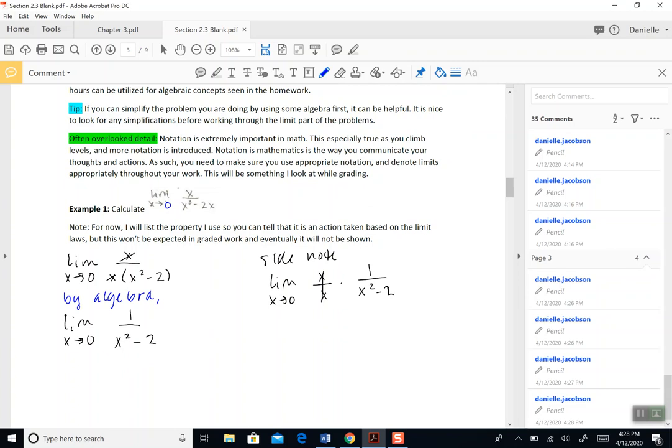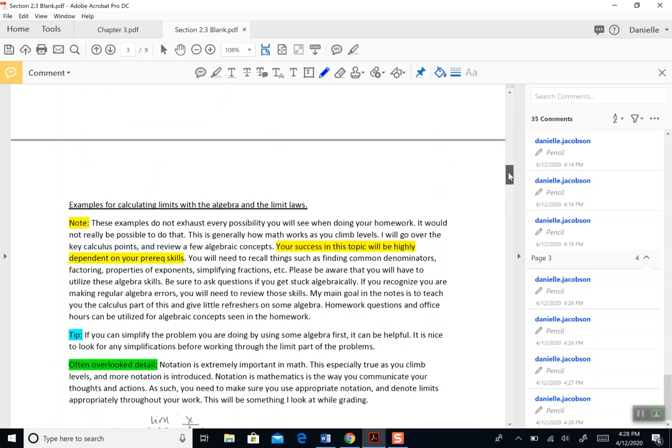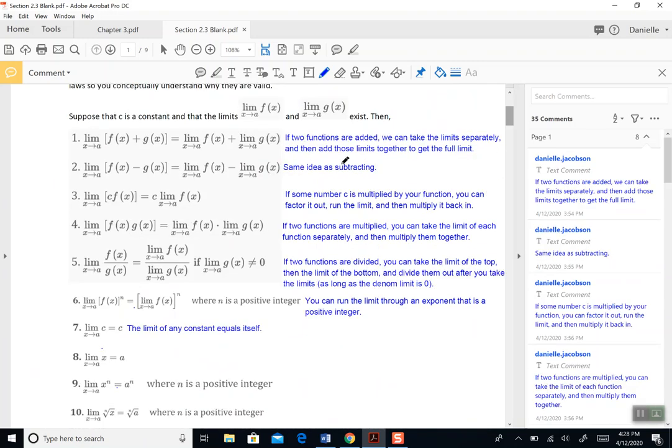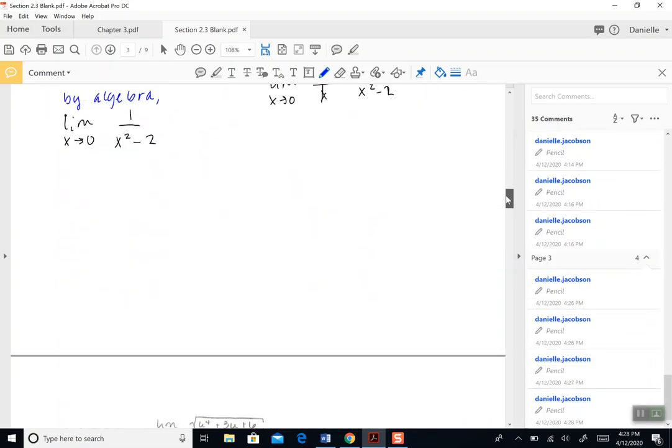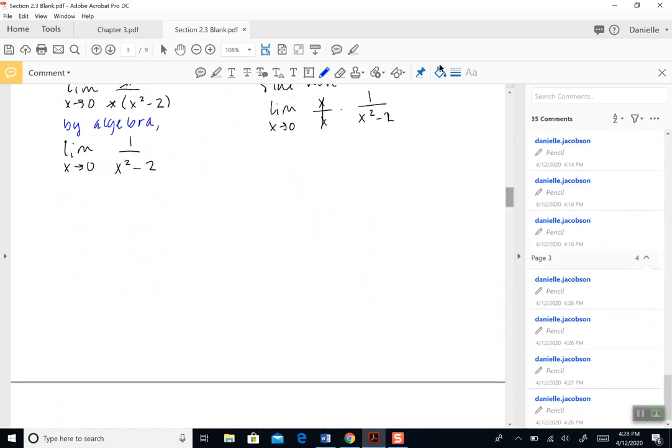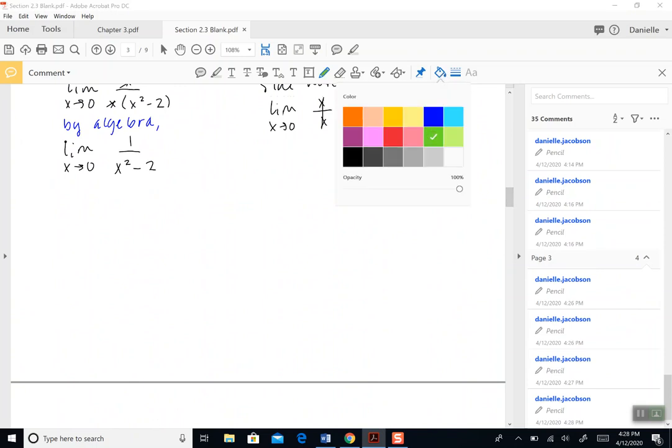So this is when I think, okay, I need to look to the limit laws to see what I can do next. I notice that I have a fraction, which really means some function divided by another function. Going back to our limit laws, by property number 5, I can run limits across division. I'm not going to expect you to write every single step out like this, and I usually won't either, but I'll do it right now so you can see what's going on.